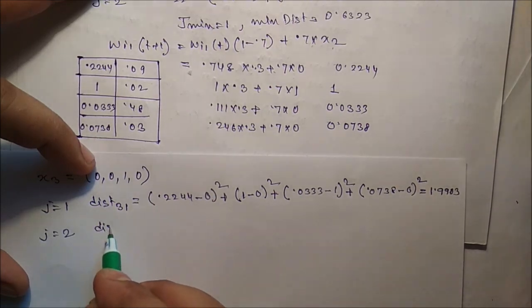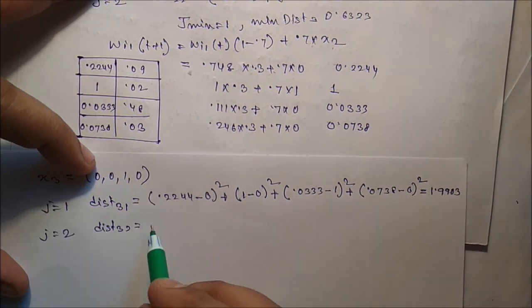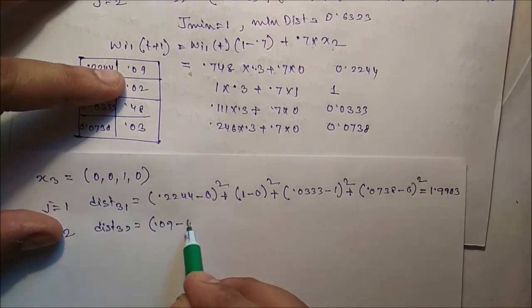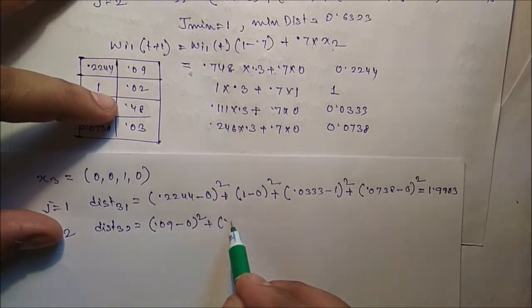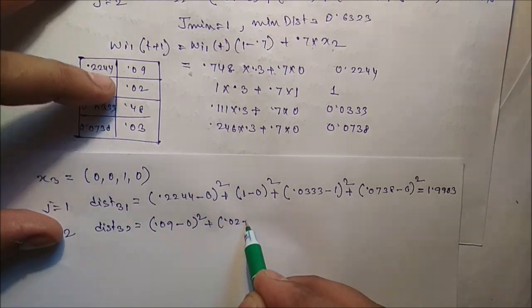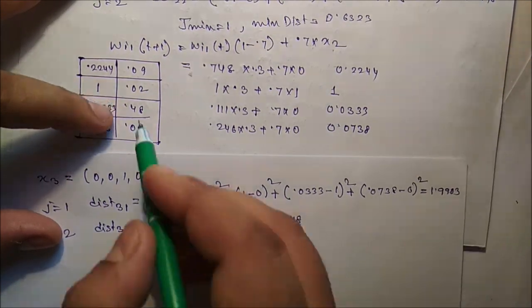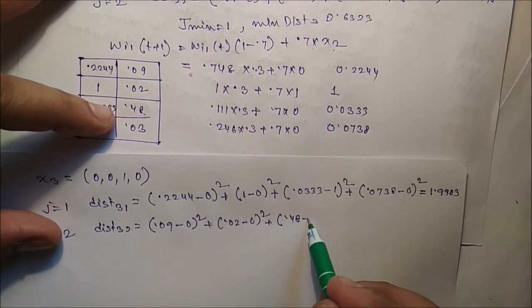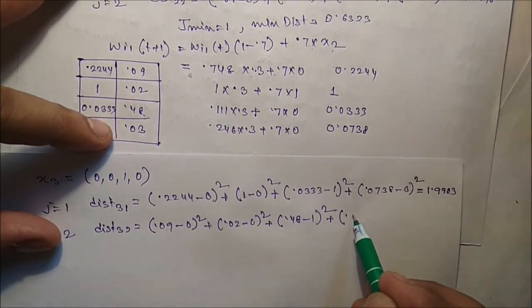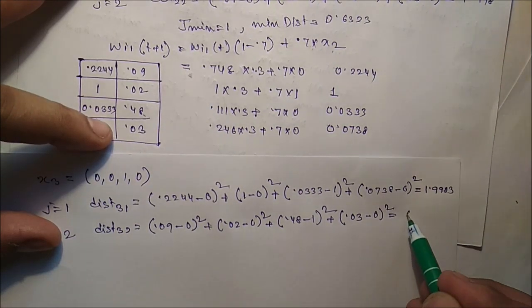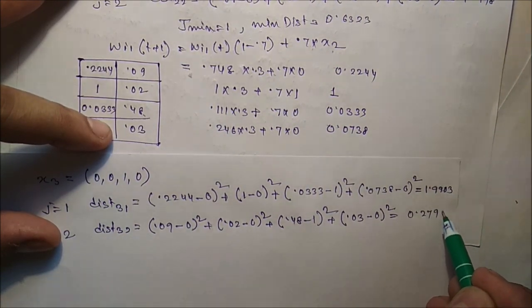And distance 3 2 will be, it is 0.09 minus 0 square plus 0.02 minus 0 square plus 0.48, means this one 0.48 minus 1 square, 0.03 minus 0 square, and its answer is 0.2798.